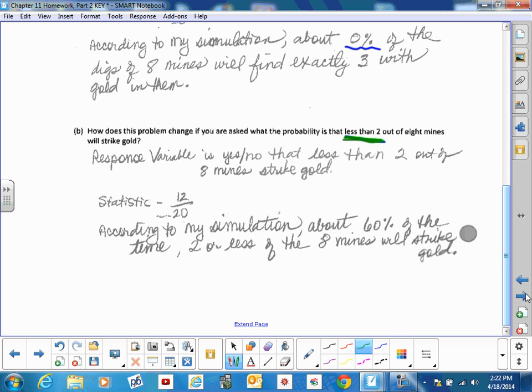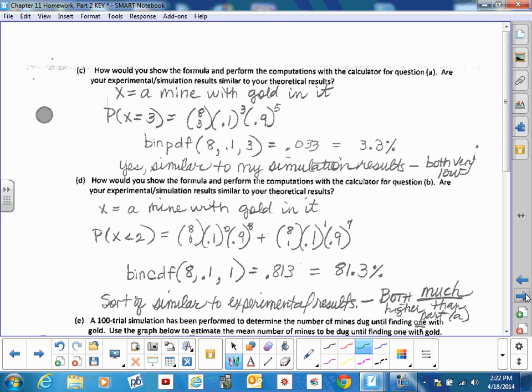All right. This is an important part right here. This connects to stuff we have done in the past. Did you connect that on part A, it's when it said exactly 3, then that's a binomial probability where you say 8 choose 3. Probability of success was 0.1, and I want 3 of those to have that success.